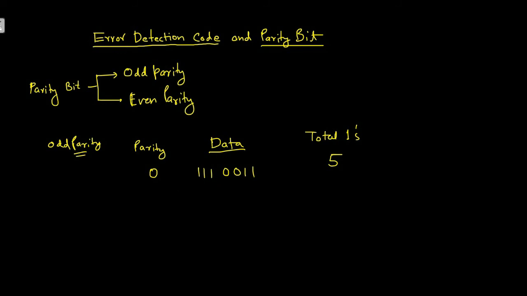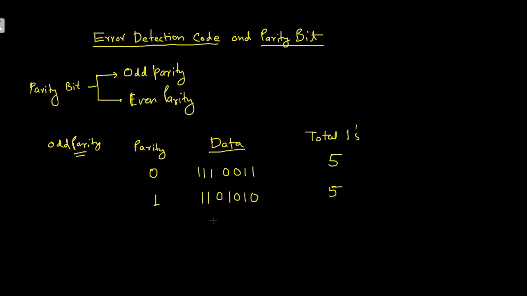Another example: if this is the data, 1101010, here the total ones are 4. So we require 1 as the extra parity bit so that the total ones become 5. So in this way we can use a parity bit.